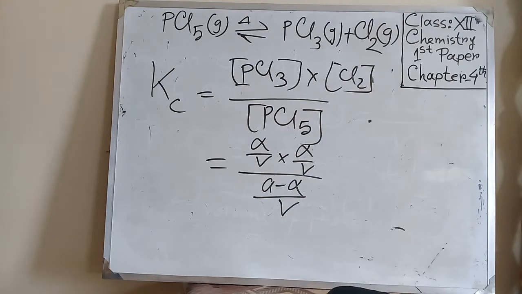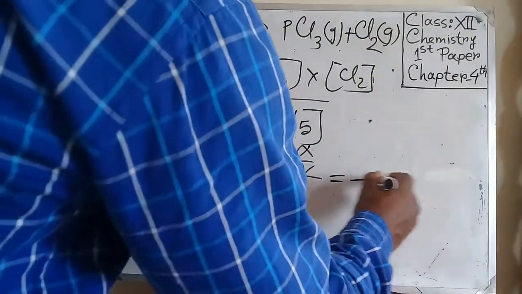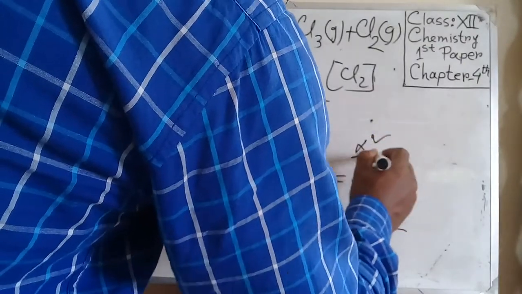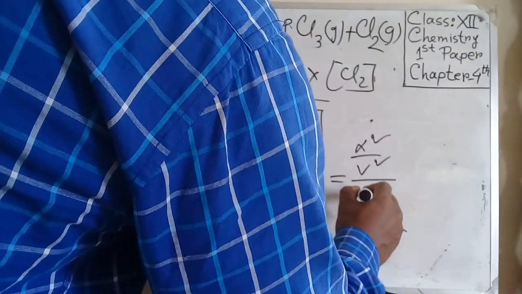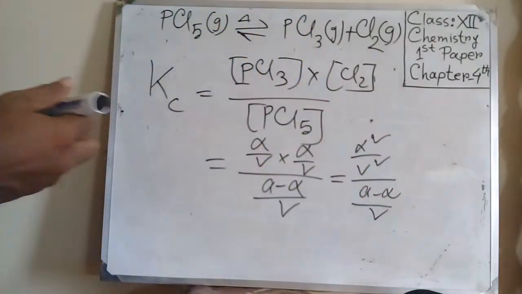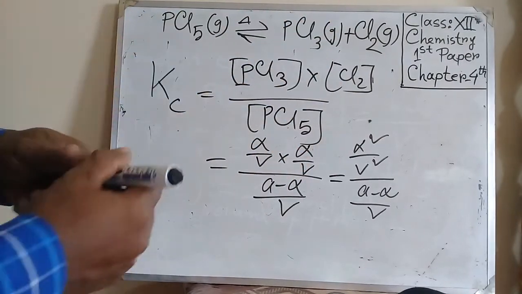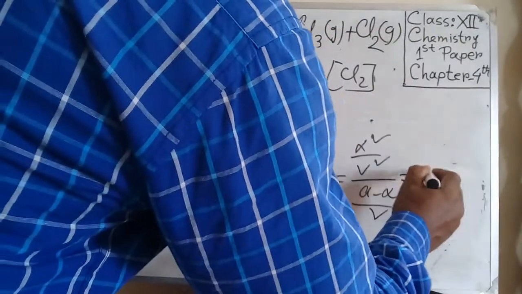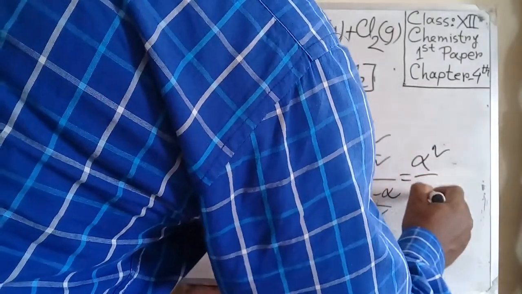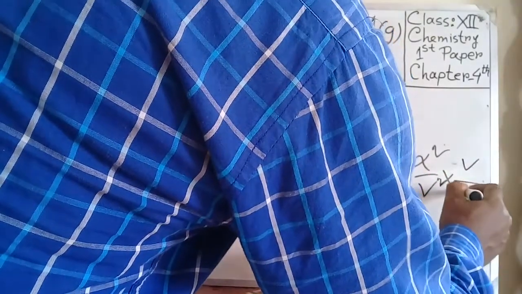So we get alpha square by b square divided by a minus alpha by b. So this is a complex fraction. We need to convert this into a simple fraction. This is easy, just simple math: alpha square by b square into, it will be reversed, b by a minus alpha.